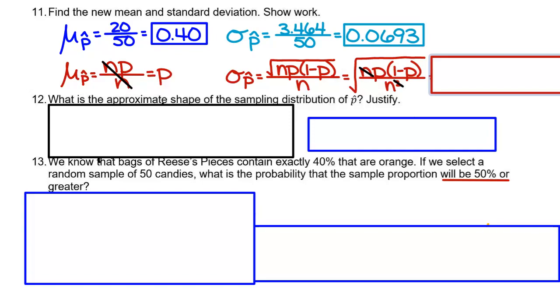But then when I write it like this, do you see how I can cancel out the n up on top? All right. So this is my formula for standard deviation when I'm talking about proportions, p hat. We do the square root of p times 1 minus p over n. You get this formula and this formula on your formula sheet.